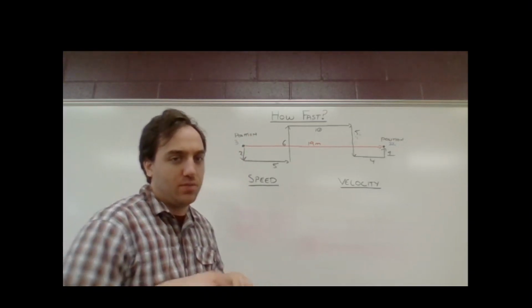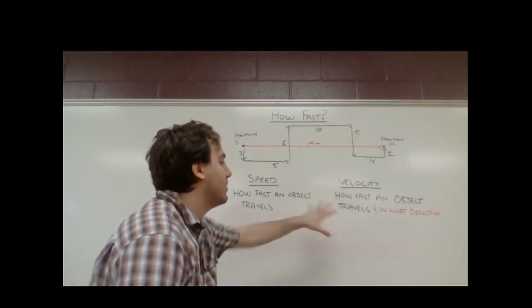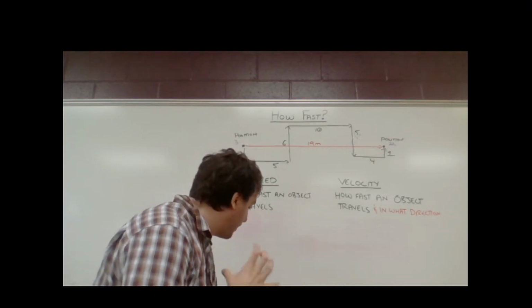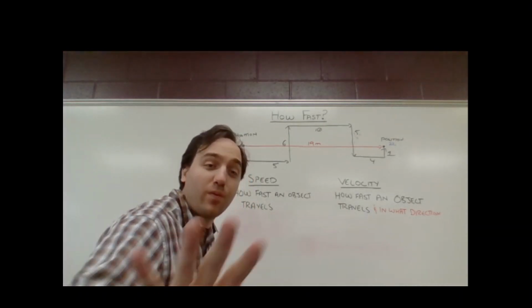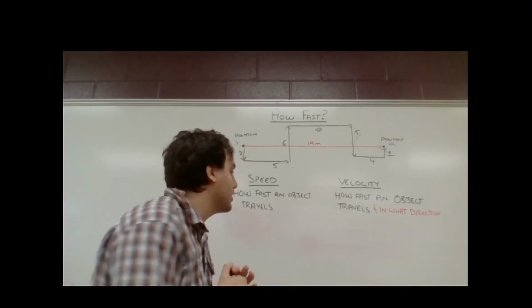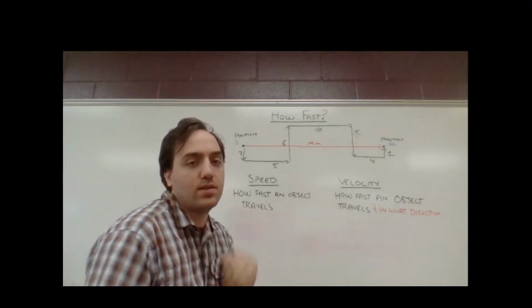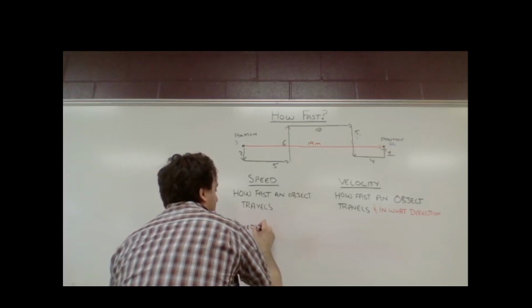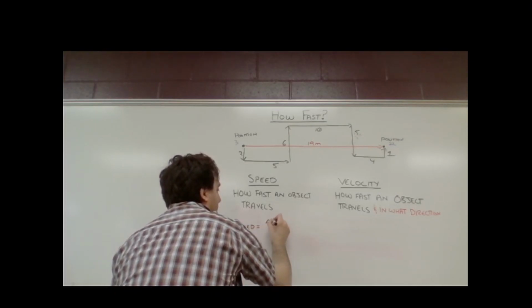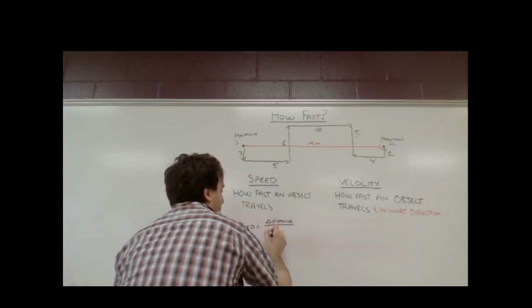Let's go ahead and put those definitions on the board. So not only do we have how fast an object travels, we can get to these a little differently. One of the first equations that you've already dealt with, whether you've realized it or not, is how speed and velocity are defined. So your speed is equal to your change in distance over your change in time.